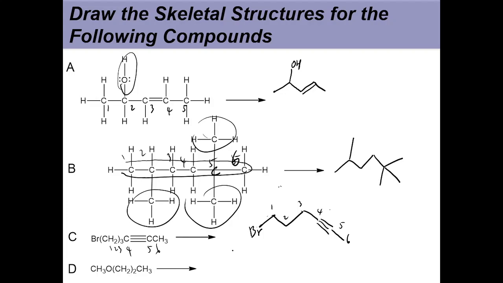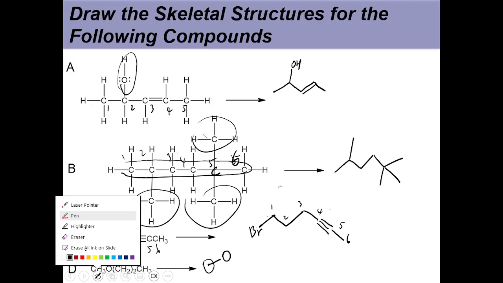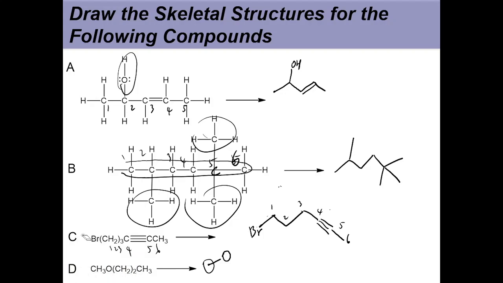All right, the last one. There's a CH3, which is a carbon, attached to an oxygen. Now, in order to show a CH3 attached to an oxygen, this is how you show it. This is a CH3, which you don't have to label, and then attached to an oxygen.